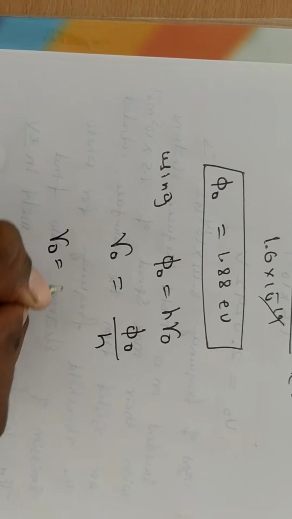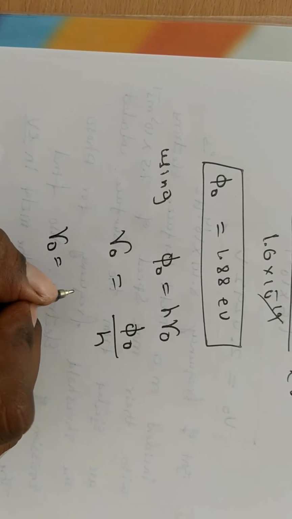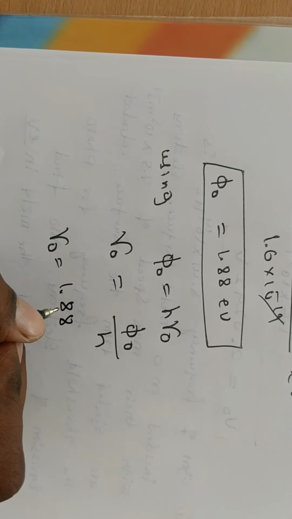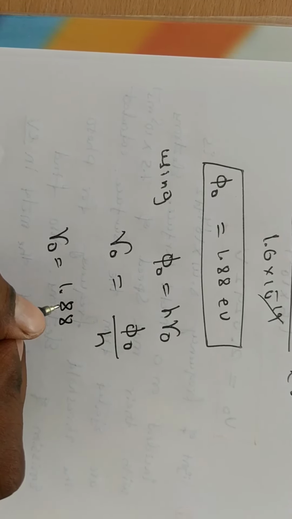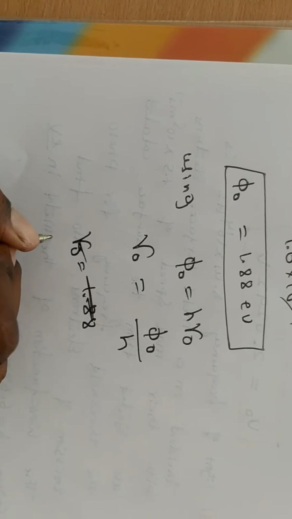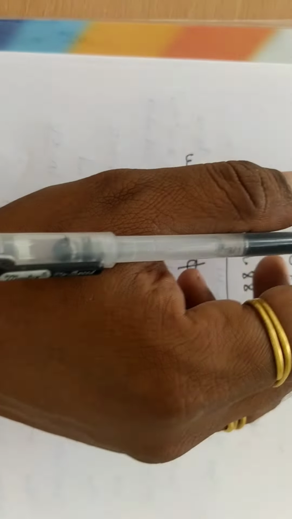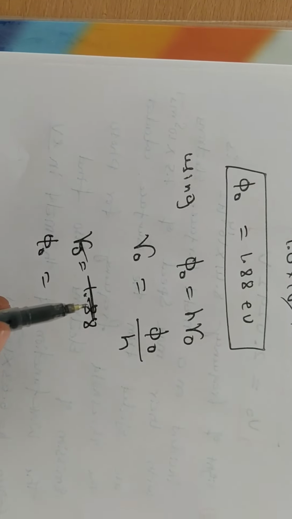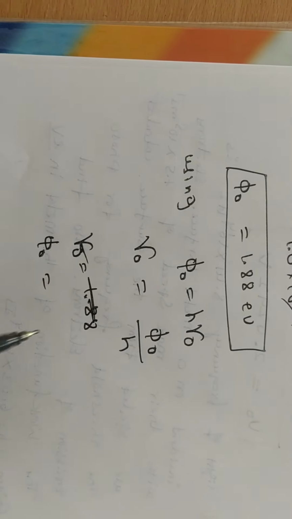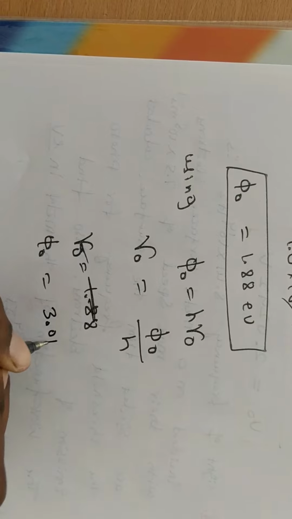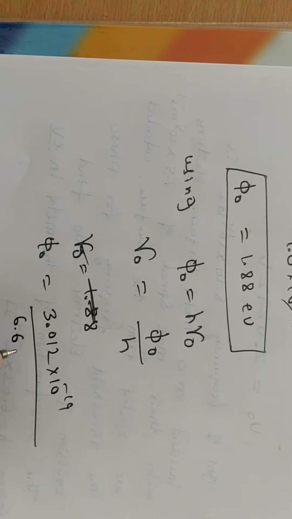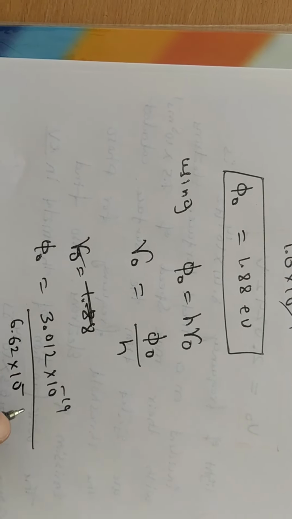Then nu naught is equal to phi naught value in terms of joule, that one is 3.012 into 10 to the power of minus 19 divided by h value 6.62 into 10 to the power of minus 34.